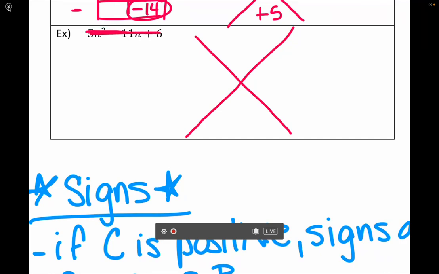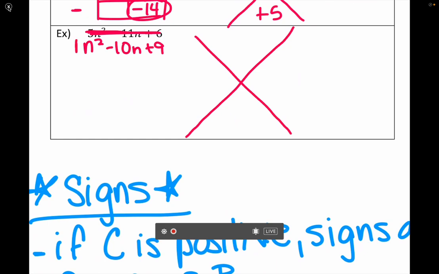So let's change this and let me think of one. Let's do n squared minus 10n plus 9. We'll do A being some other number tomorrow.